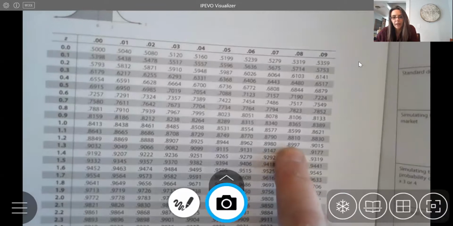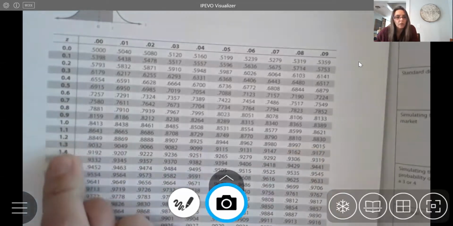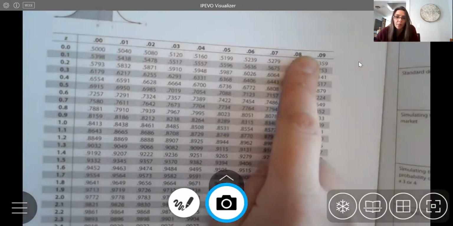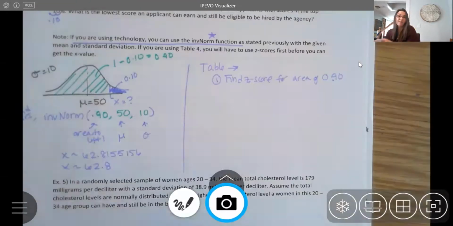So if you look here, 0.8997, that's very close. 0.9015, also very close. So you're looking at about 1.28 or 1.29 there for your z value. If you want to err on the side of caution, you can do 1.285 and use that value instead. But you're going to have to estimate.